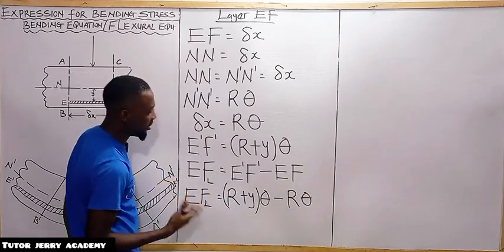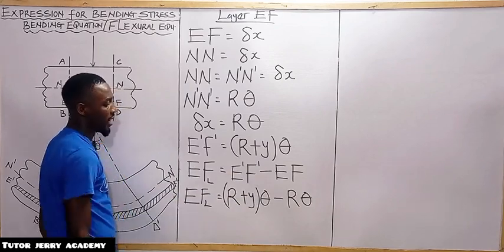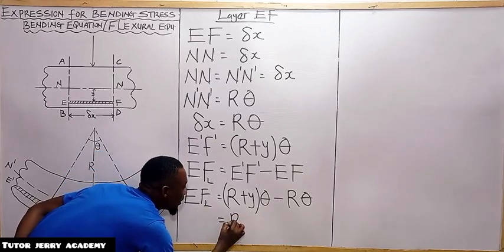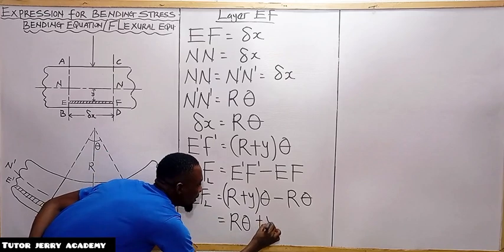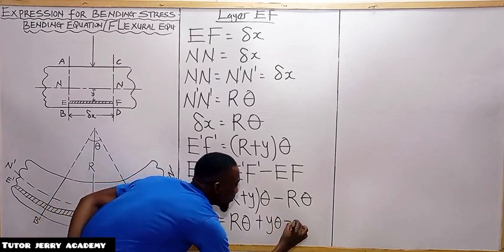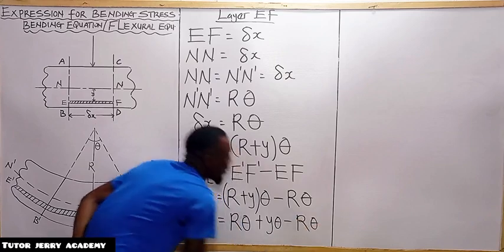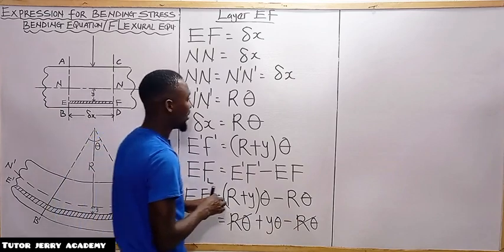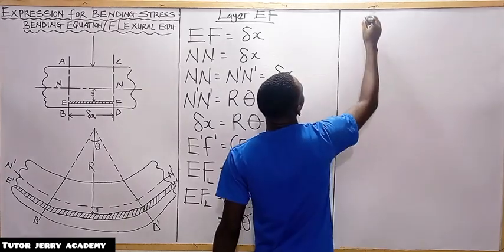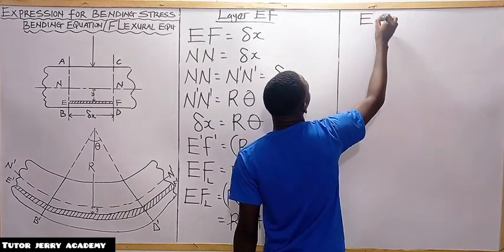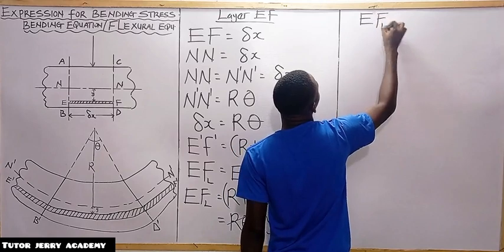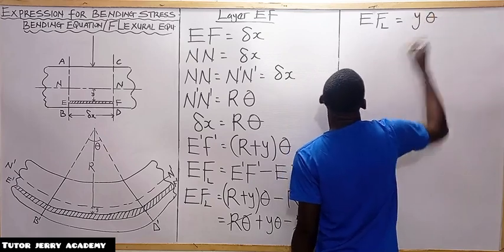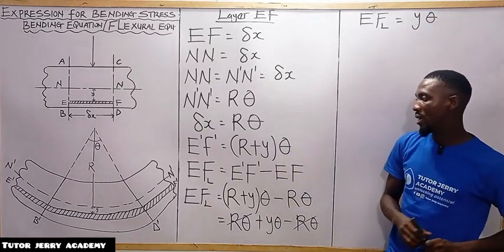So for you to continue with this, you are going to clear the bracket. So this will be equal to R theta plus Y theta minus R theta. All right. So this R theta will go with this R theta here. Then the increase in length of EF will be equal to what? Will be equal to Y theta. All right. So that is what we are going to have.